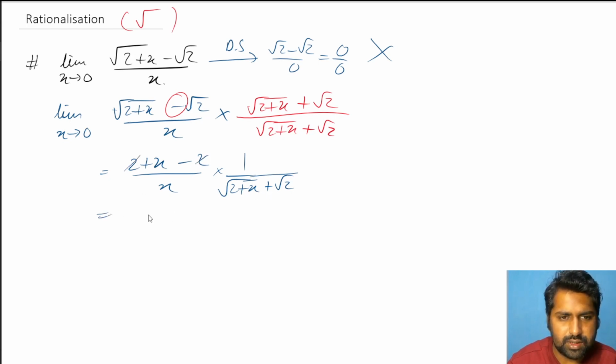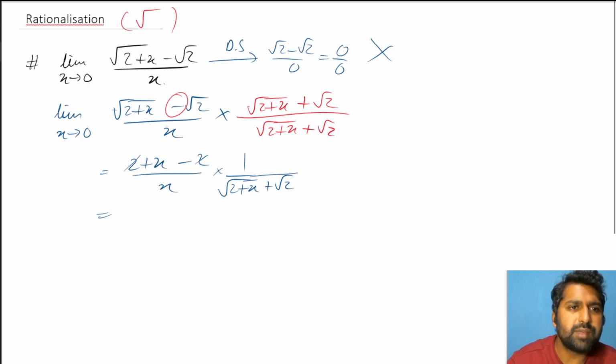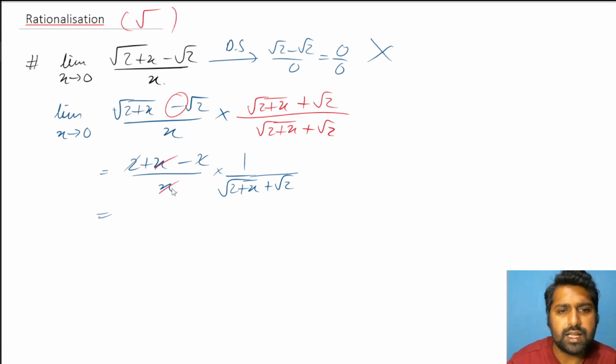2 cancels, you'll get x by x, and x by x will also cancel. So remember, I'm cancelling it in one go, but it's not like I have cancelled x with x and then 2 with 2. 2 and 2 cancel, so it remains x by x, which is 1. So it is 1 upon root 2 plus x plus root 2.